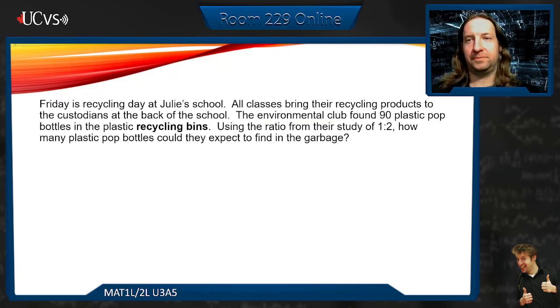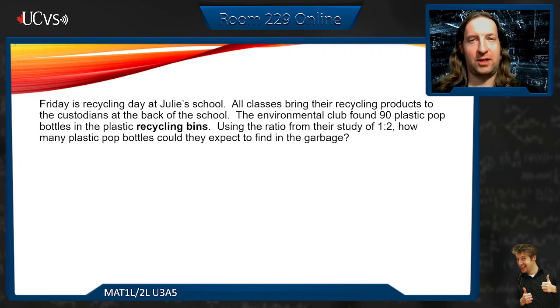Now the question here is: Friday is recycling day at Julie's school. All classes bring their recycling products to the custodian at the back of the school. The environmental club found 90 plastic pop bottles in the plastic recycling bins.